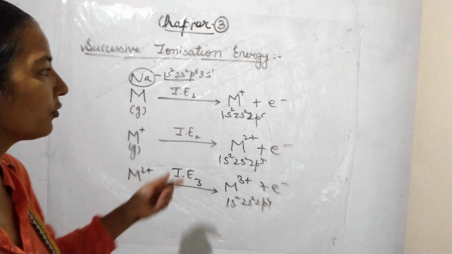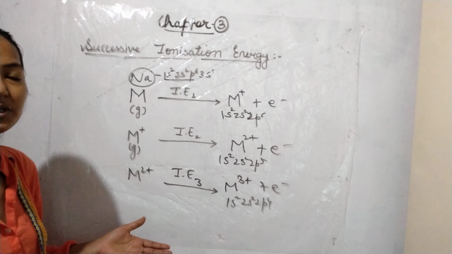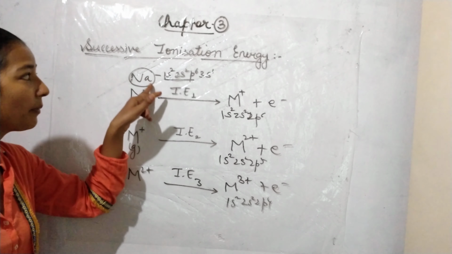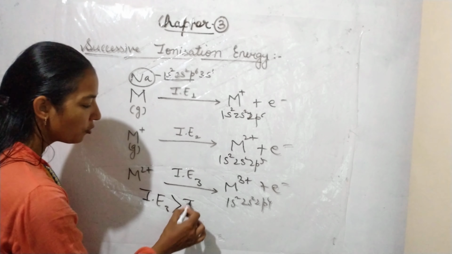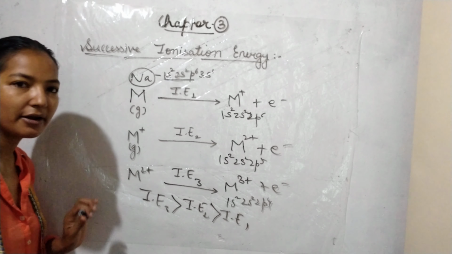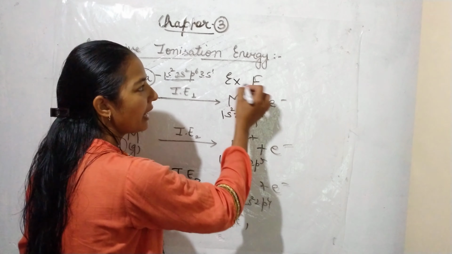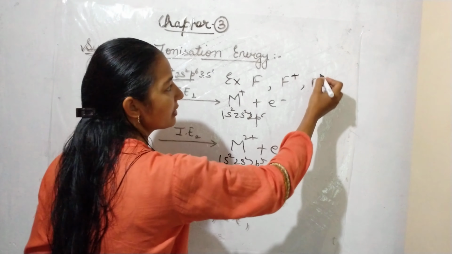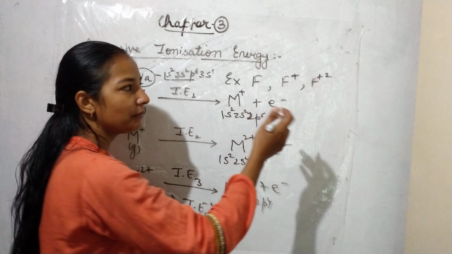Why? Because the effective nuclear charge is increasing. That's why the successive value of ionization energy for a particular atom is always more. For a particular atom, the third ionization energy is always more than the second ionization energy, which is more than the first. So you have to remember. For example, for F plus and F plus 2, which ionization energy will be more?